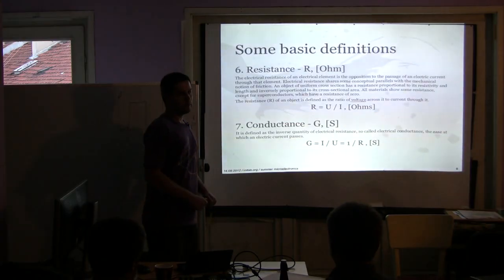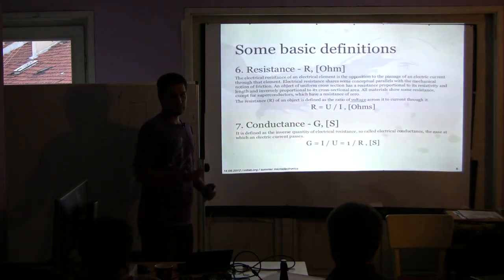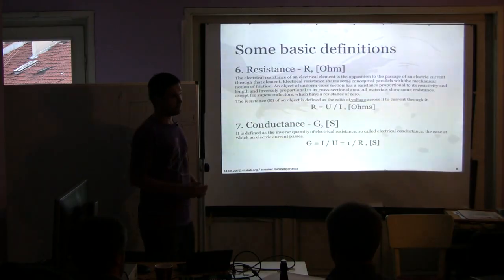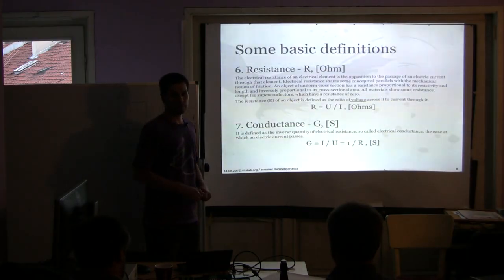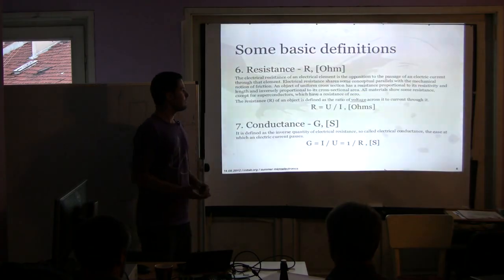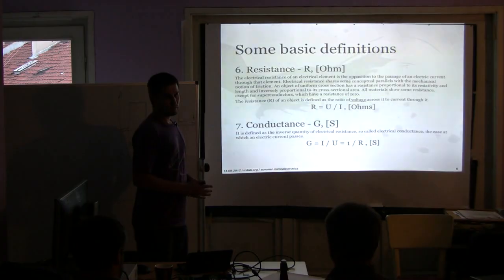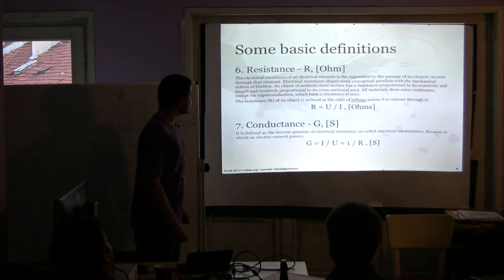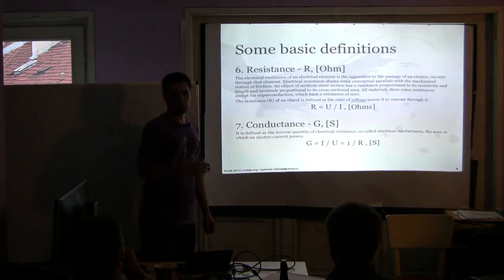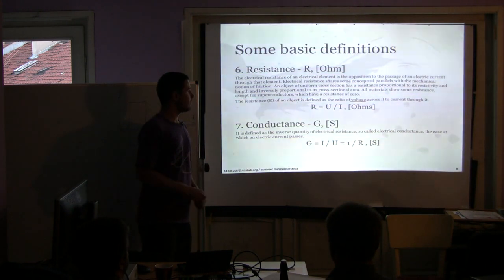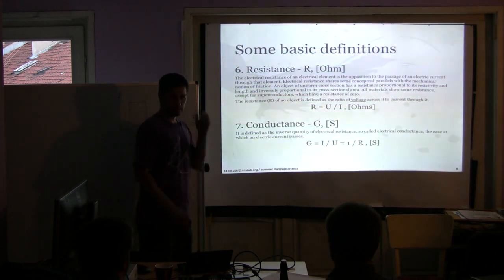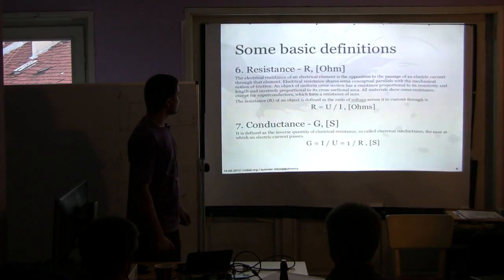So we can make different resistances with different types of materials, for example nickel chrome. Some metals are usually used, and the shape can also affect the resistance and different parameters.